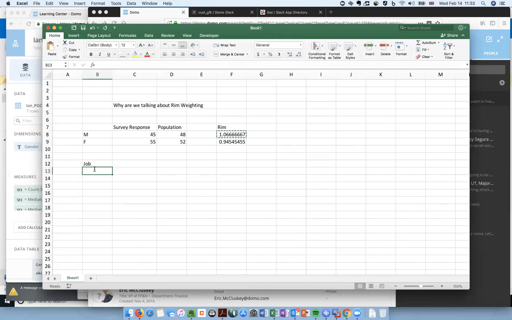And you have job A, job B, job C. We know that the survey representation was 0.33, 0.5, and 0.27. And we know that the population average is 0.45, 0.32, and so on. So we know this is what it should be.